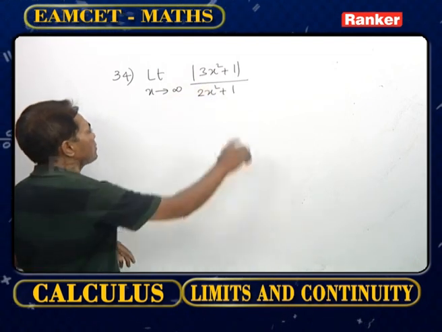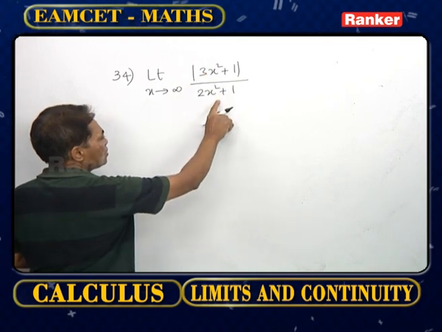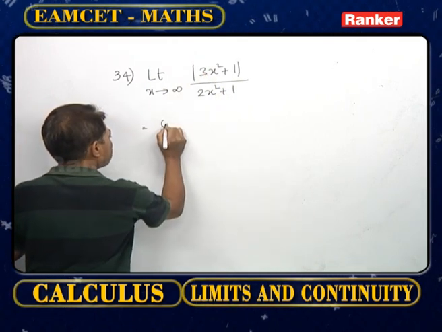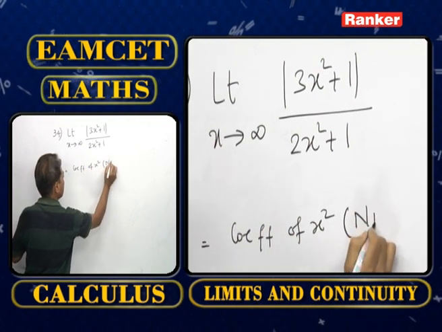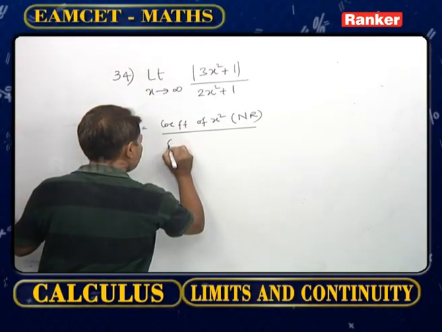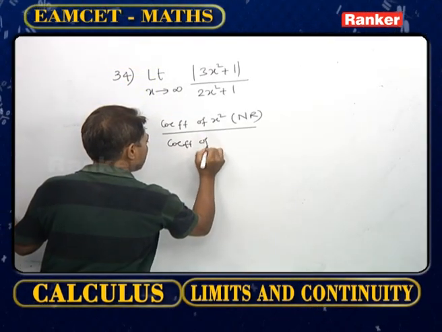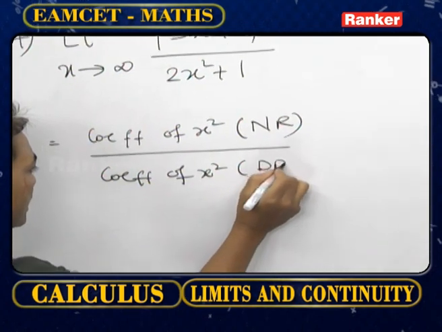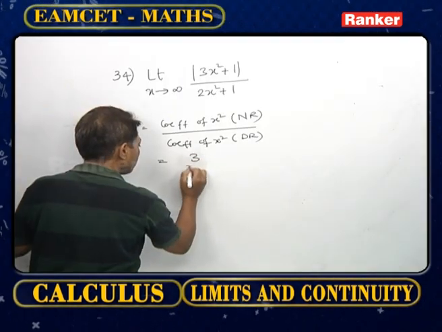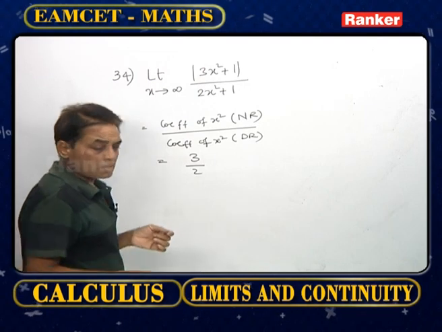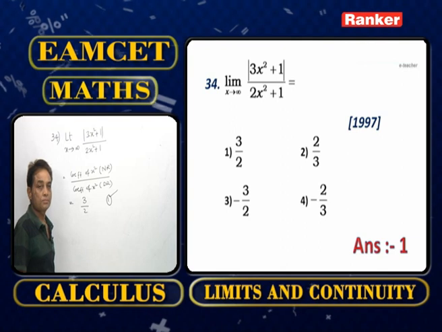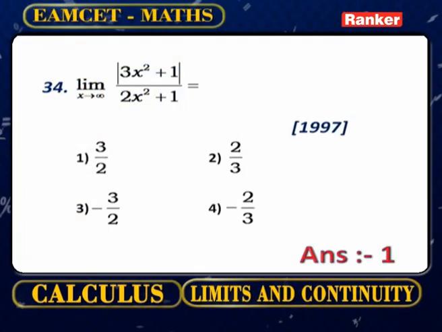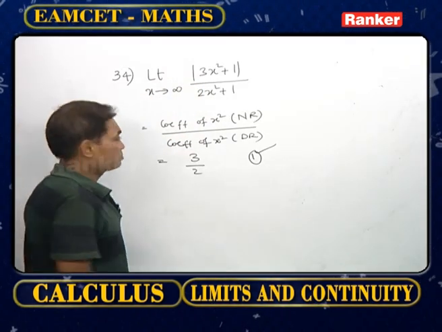So, directly you can take the coefficient of x square in the numerator by the coefficient of x square in the denominator, 3 by 2. So, your answer is the first option. 3 by 2 is the right answer, since infinity means positive only. Even if you open the mod function, you directly get 3 by 2.